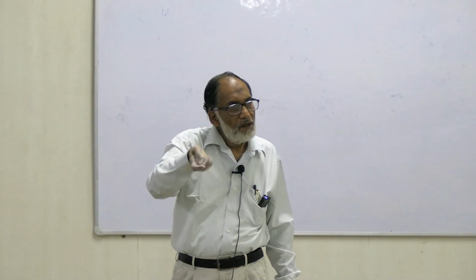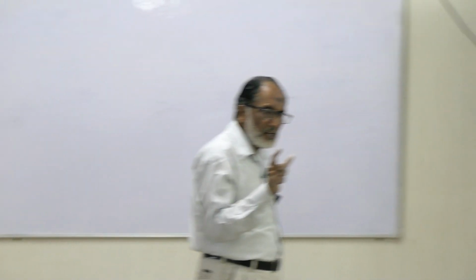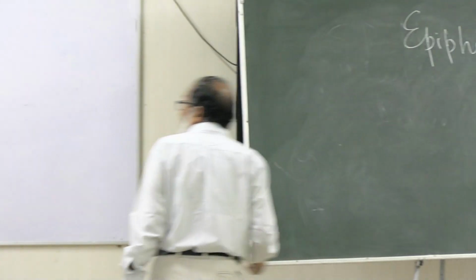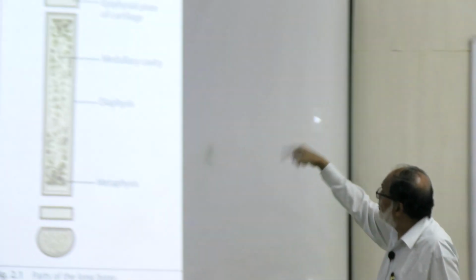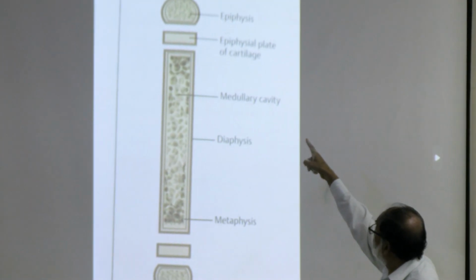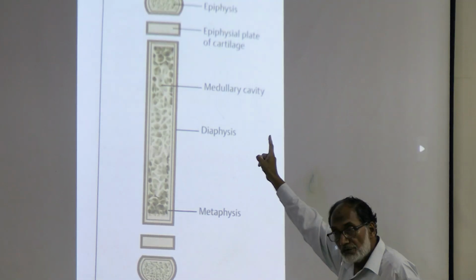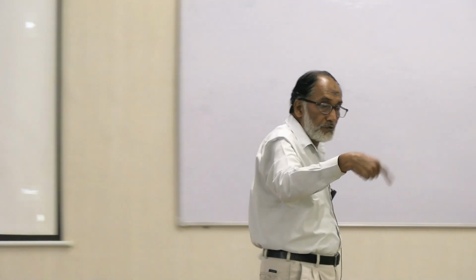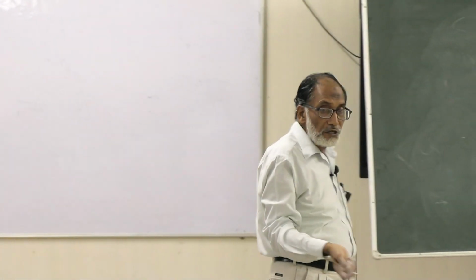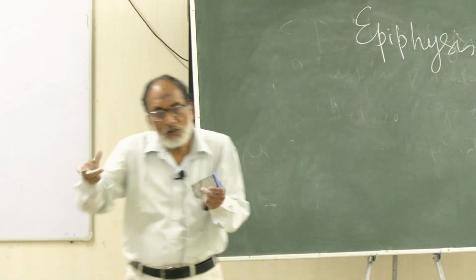It has not yet become bone. This is called epiphyseal cartilage. Here you see epiphyseal cartilage, and just next to it is another cartilage. When it becomes bone, we call it epiphyseal bone. The ends of all long bones are actually epiphyseal bone.